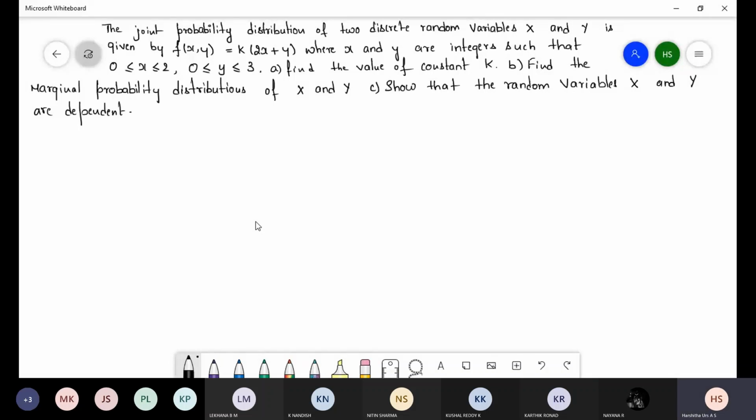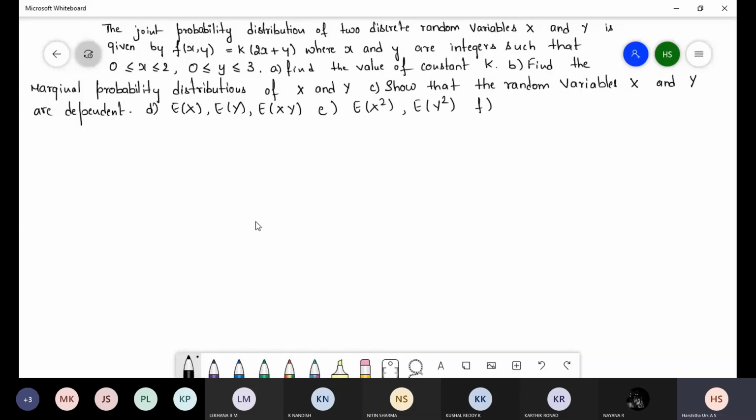Next, fourth one, find E of x, E of y, E of x into y. Fifth one, E of x square, E of y square.